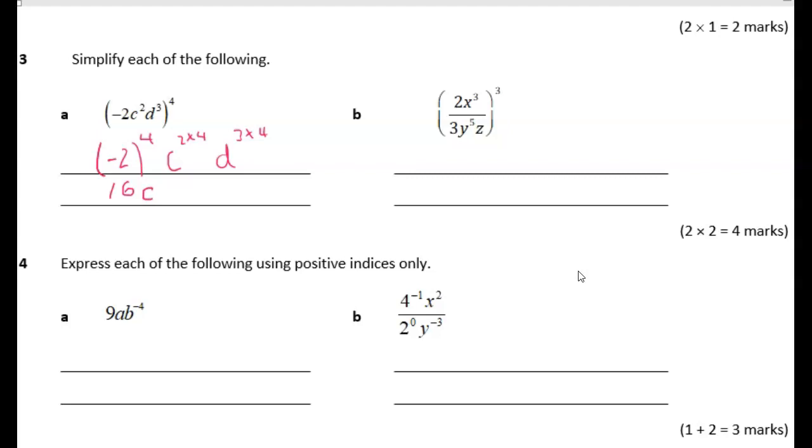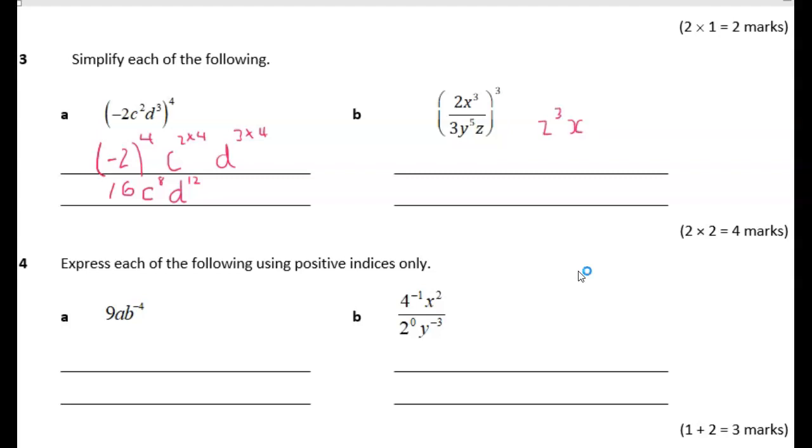I'm not doing too much working out here because I want to keep this sheet for the solutions. So you just have to listen to me talking. Okay, now we've got a fraction, so both the numerator and the denominator is taken to that power of 3, and everything there is to the power of 3. So we're going to have 2 to the power of 3.